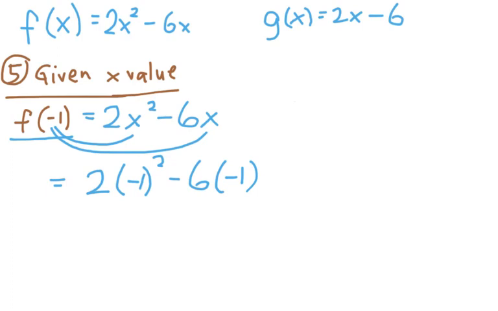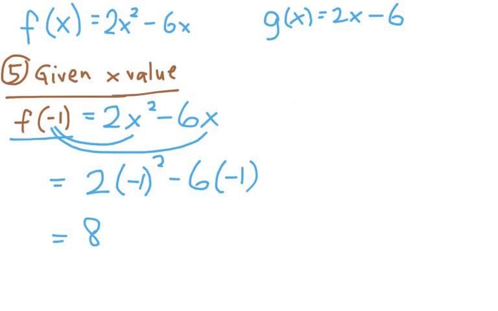You can calculate manually, or you can straight away use your calculator. It's up to you, but using a calculator is easier. So you will have 2 times negative 1 squared minus 6 times negative 1, which equals 8.